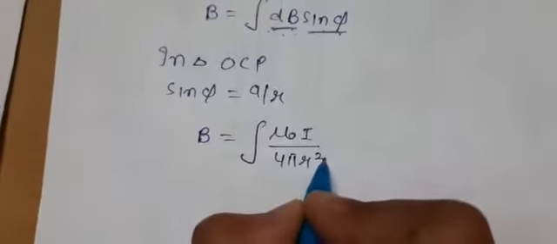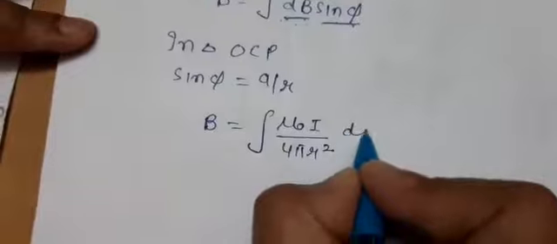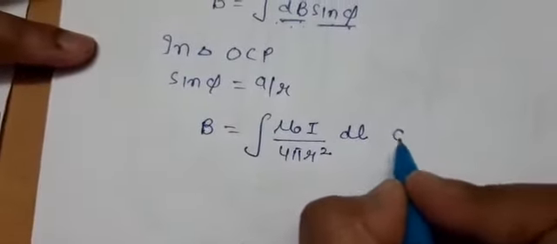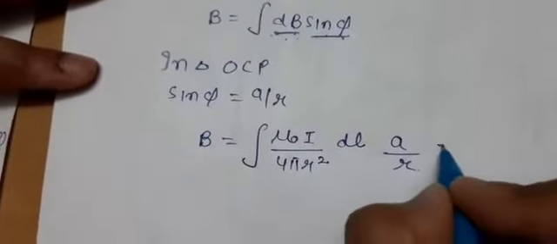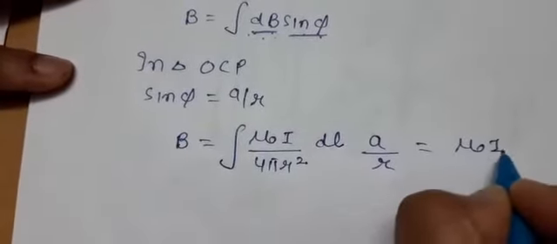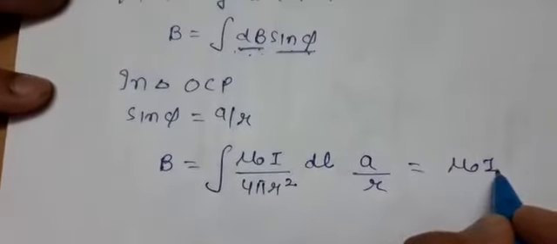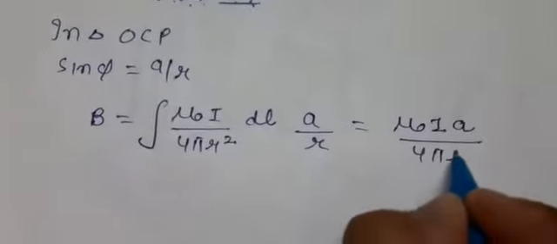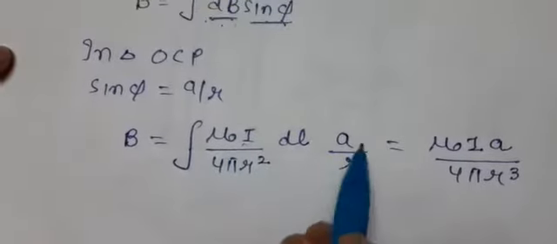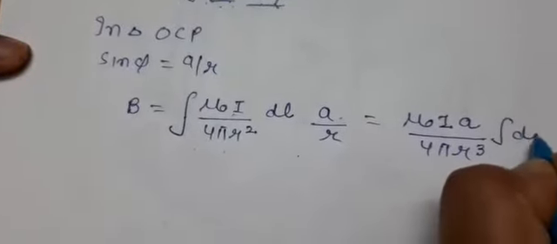Then dl into sin phi, which is a upon R. So now we get mu naught I a upon 4 pi R cube, and the integration for dl.